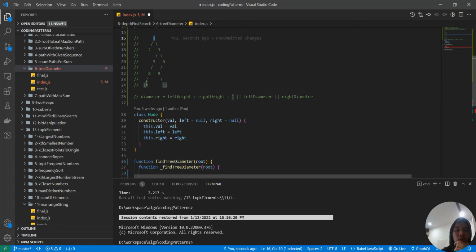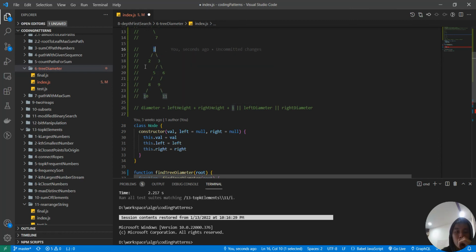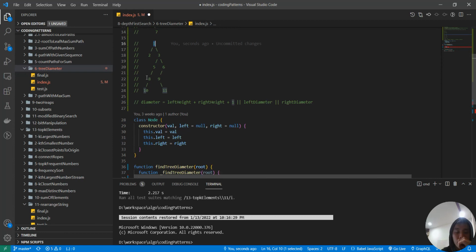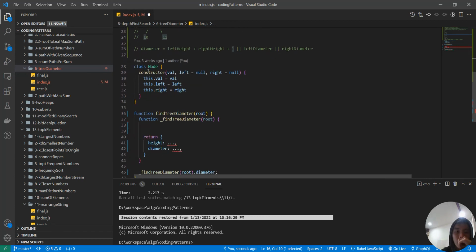And at each level, when I go down one level, I will need to increase the height by 1.